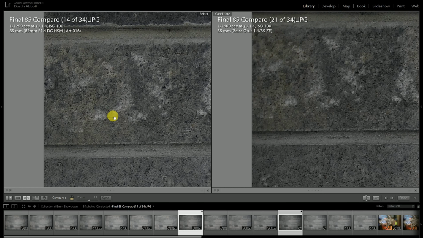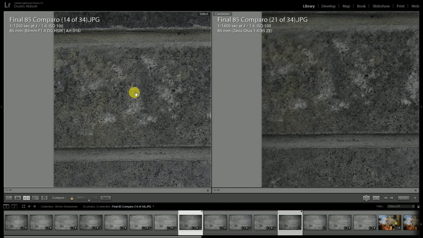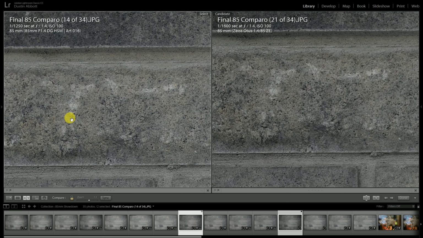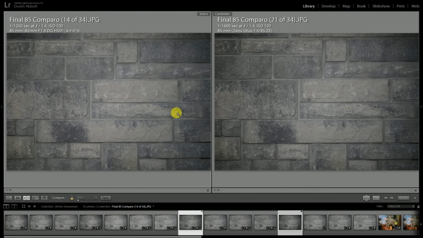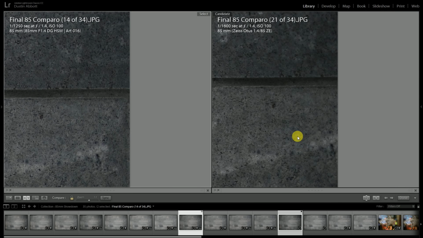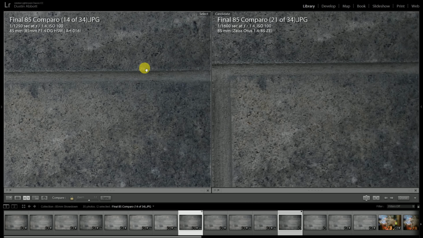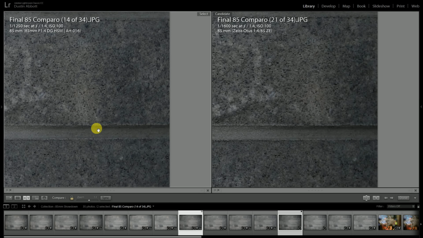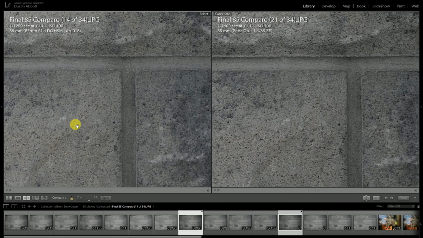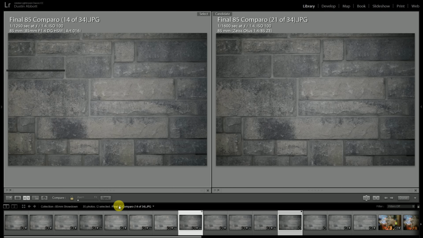Up here, toward the edge, the Sigma looks a little bit stronger. If we move over towards the center, the Zeiss advantage starts to come back. Looking over at the other side, at the very edge, I think the Sigma looks a hair better, but if we look towards the bottom half, the Zeiss looks a little bit better again. So these two are close. The Zeiss is the best in the center.